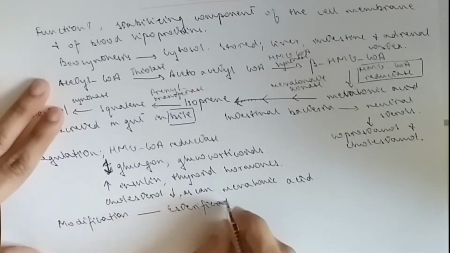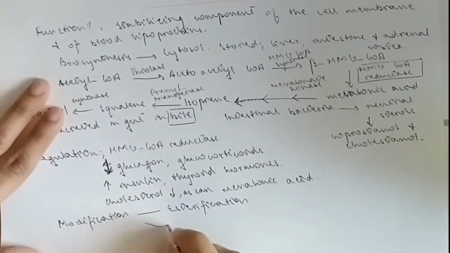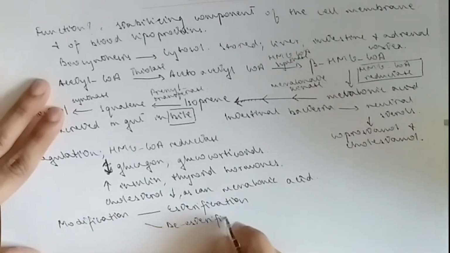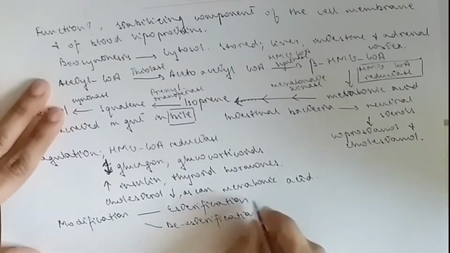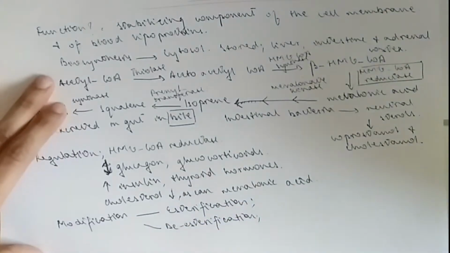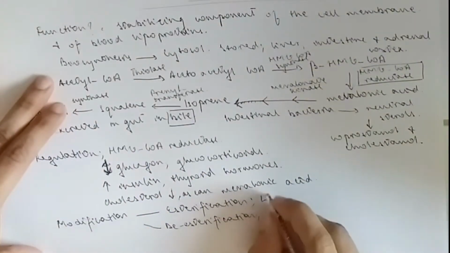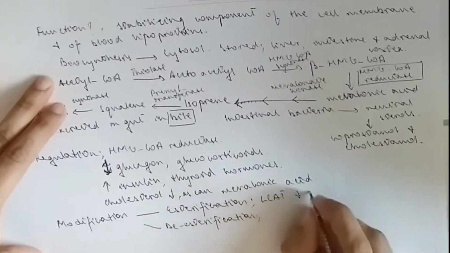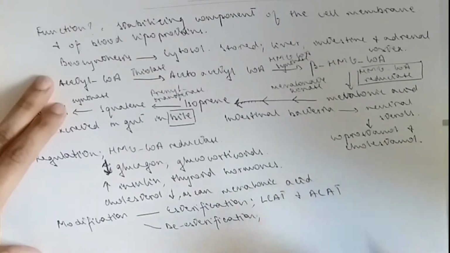Covalent modification of cholesterol is carried out in 2 ways. You can have esterification or deesterification. So esterification is carried out by 2 main enzymes. You have LCAT and ACAT.